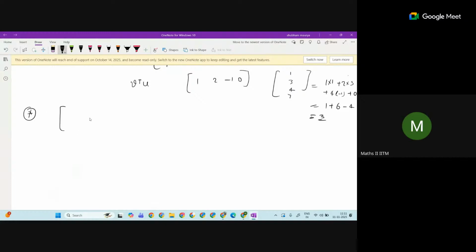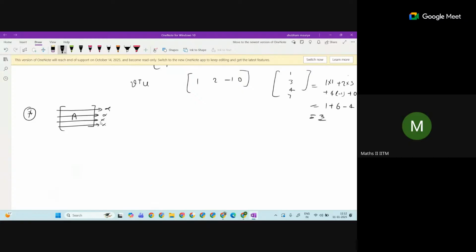Let's say you have a matrix, and the row sum of each row is coming to a fixed number. Let's say alpha, alpha, alpha, alpha.